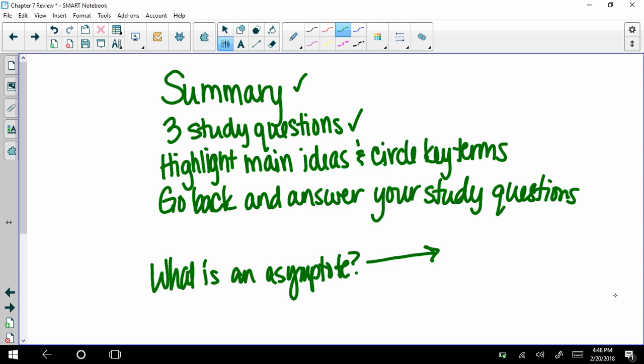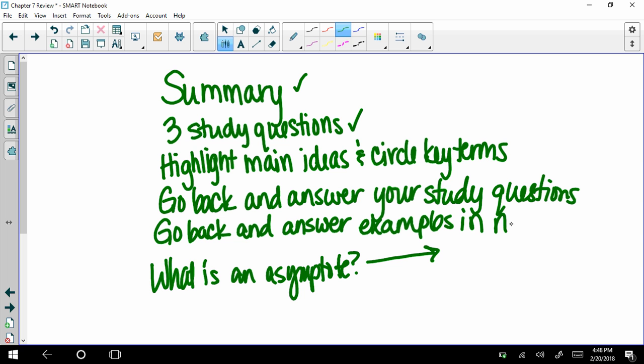I also recommend, not that there's any way I can check this, but I do recommend go back and answer the examples in our notes. So we already worked out the examples in the notes. Then what you should do is to go back, read the example that we did in the notes, cover up the answer so that you can't see it, and rework it on another piece of paper, and then check your answer and see if you got it correct.